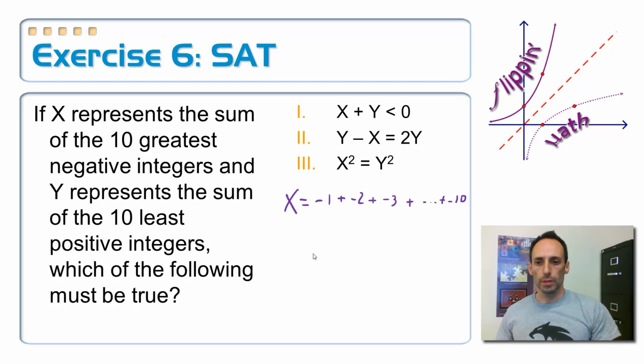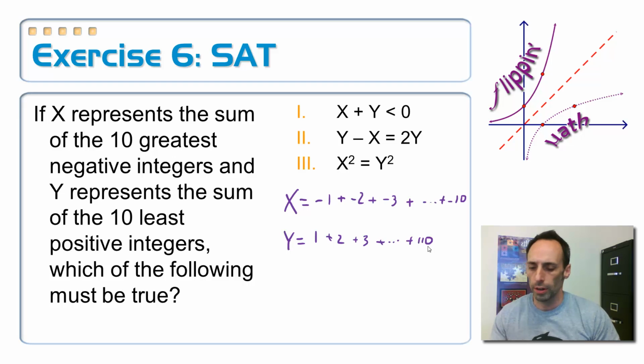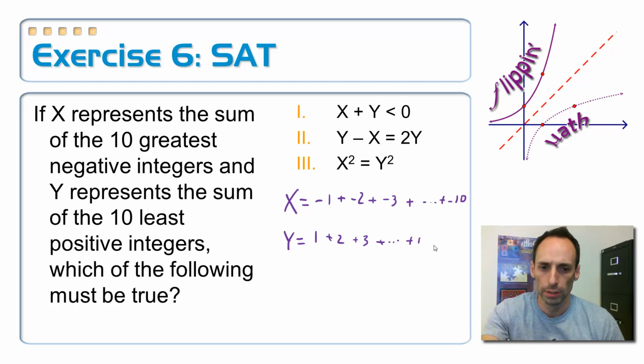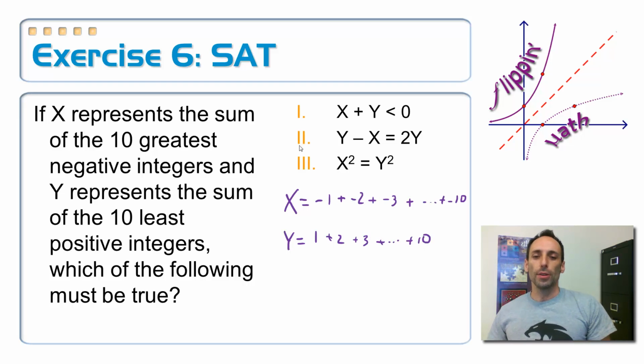Does that make sense? And then y would be the sum of the least positive integers. So what is the smallest positive integer? It's 1. And then we got 2 plus 3 plus ... plus 10. Okay. So now let's make sense of these Roman numeral answer choices.